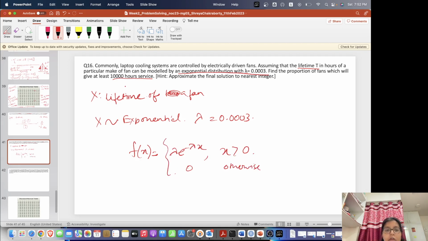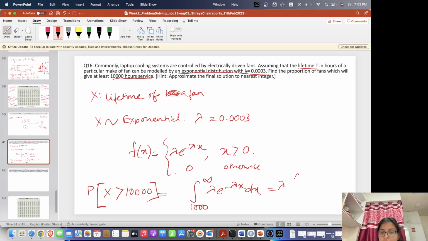Now we have to find the proportion of fans which will give at least 10,000 hours of service, or in other words, the probability that the lifetime would exceed 10,000. So how will I go about doing this? This is nothing but the integral from 10,000 to infinity of lambda e to the power minus lambda x dx.